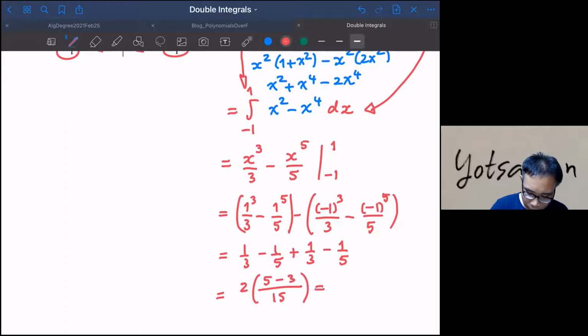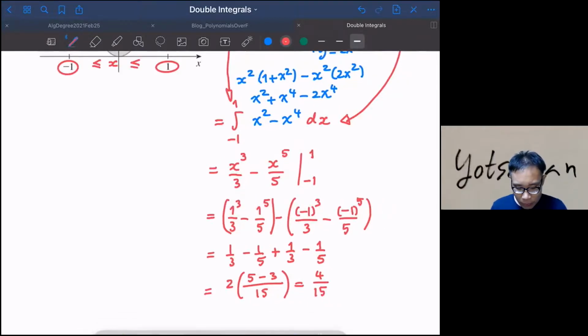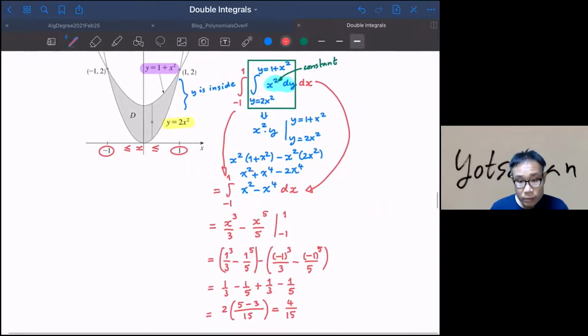So it's going to be 4 over 15 for your final answer. Okay, so this one will be the solution for this integral. So you just set up this one in only one way and you'll be able to integrate it. Okay.